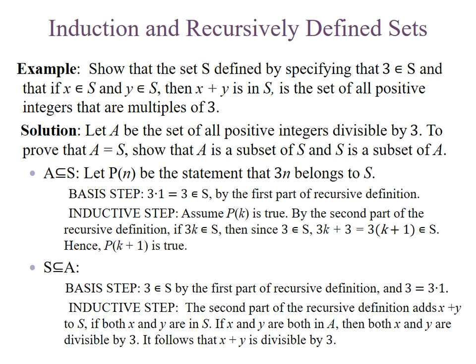Now we can jump to the conclusion: if A is a subset of S and S is a subset of A, actually they are equal sets. That means you don't have to verify each element in the set S because we already proved that the set S equals the set A. That means all elements in the set S are divisible by 3.